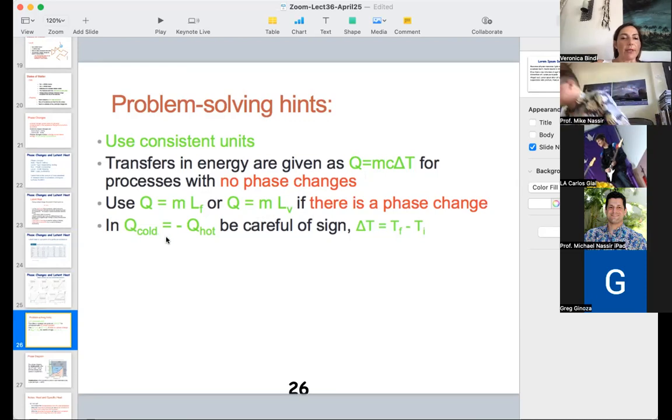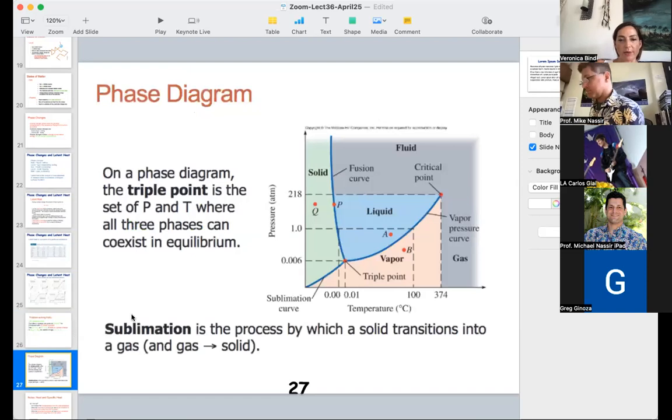And then when Q is cold, you are decreasing the Q, so it is negative, while normally when you add heat, if it's hot, it is positive because you are adding heat. And so you need to be careful with the sign because delta T is always T final minus T initial, as we always did.